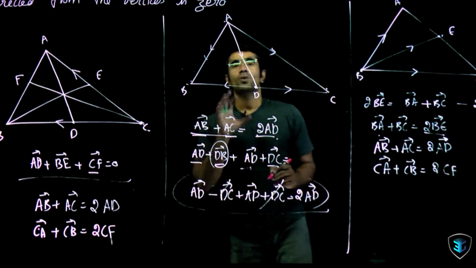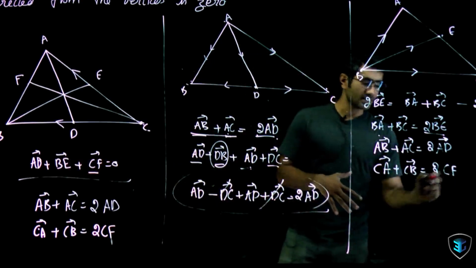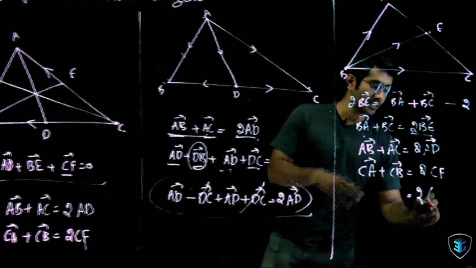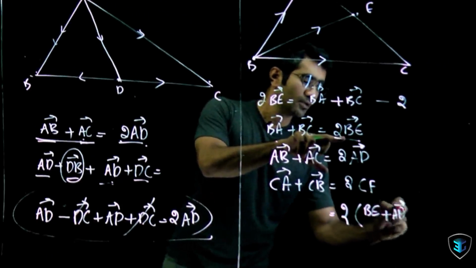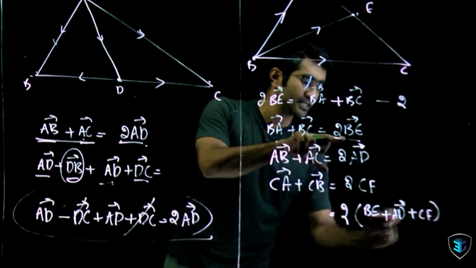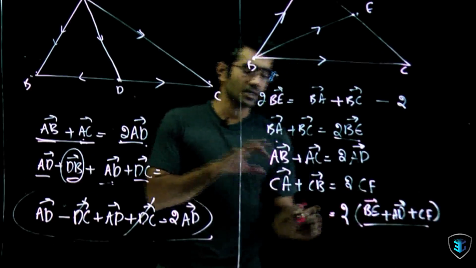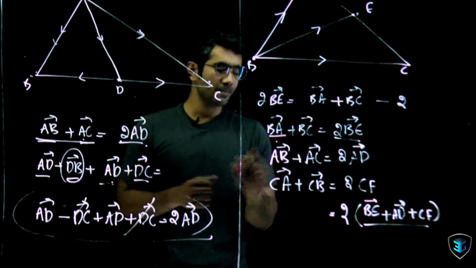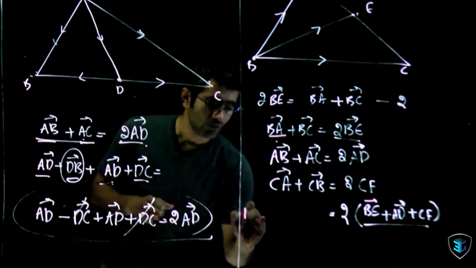Now look at that. What I am looking for is the sum of these 3 medians. So if I add the right hand side, I get 2 common out. I'll get BE plus AD plus CF, and this is exactly what I'm looking for, the sum of the medians represented by the vectors. And on the left hand side, I have a BA and an AB. Are these 2 opposite vectors? Of course.